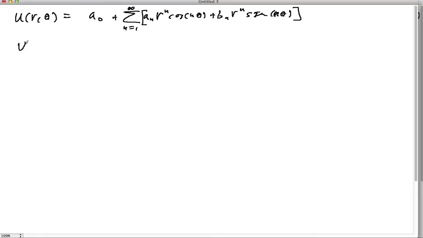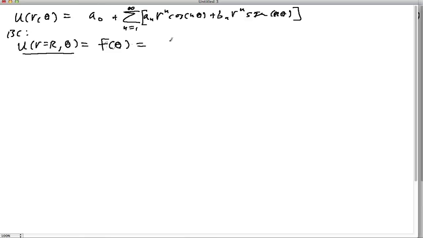We know the boundary condition states that when we evaluate r, as little r is equal to big R, the outer edge of our disk, that's going to be f of theta.